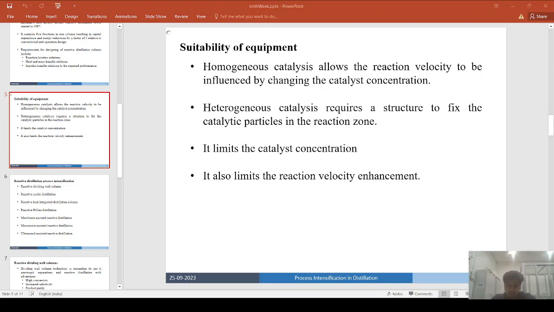So you can control one. One way to control the homogeneous catalysis reaction is by controlling the catalyst concentration, and such catalyst concentration can be varied by changing the flow rates and the physical properties of the fluids.